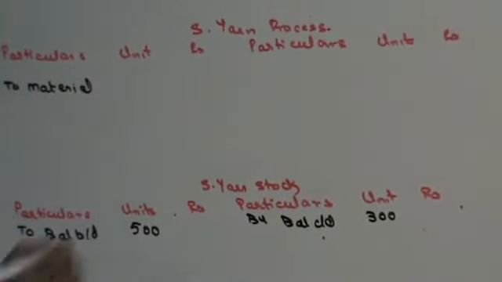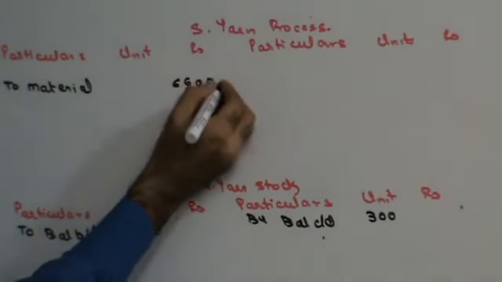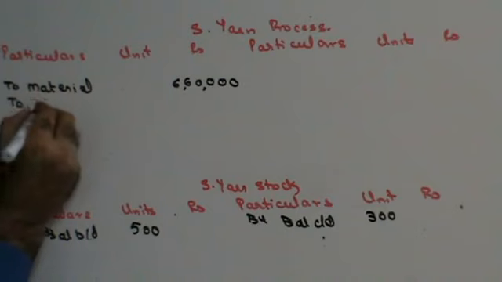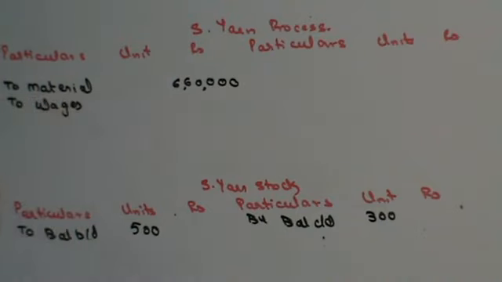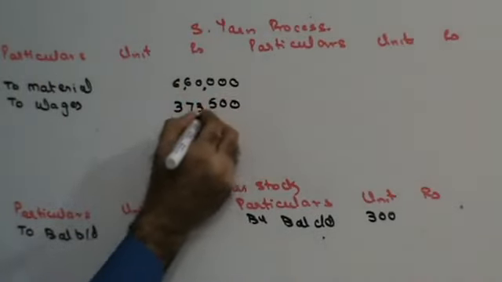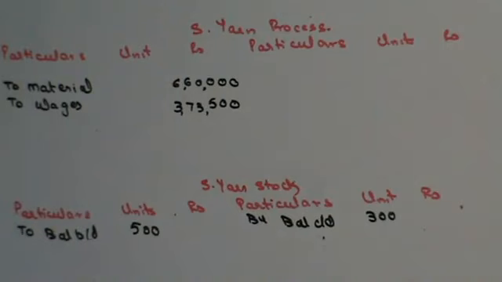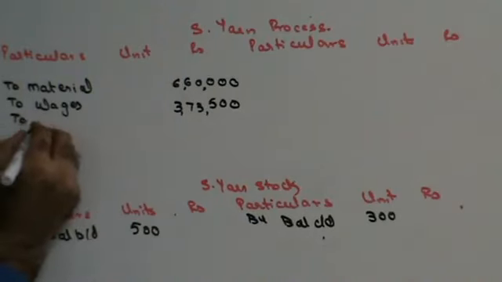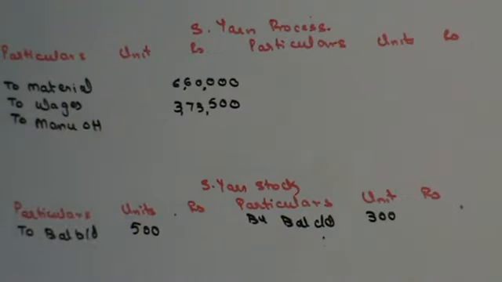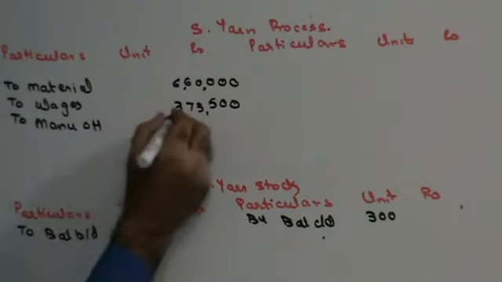Next, monetary information. Material is given to you as 6,60,000. Wages is given to you as 3,73,500. Manufacturing overheads are given to you as 2,53,500.